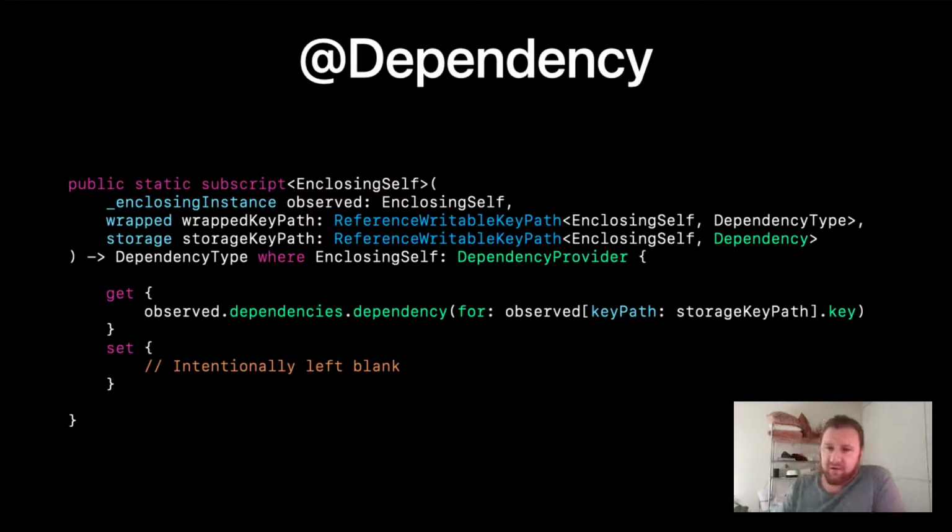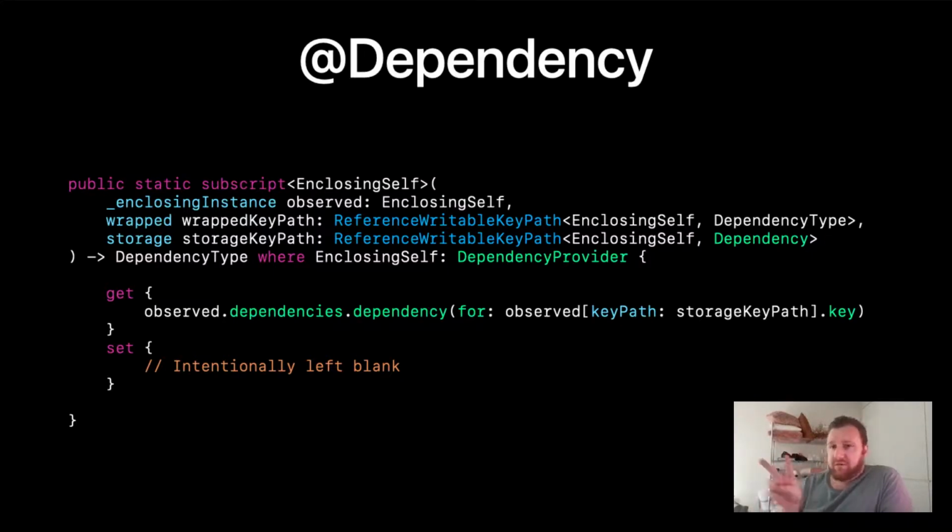And in all of the examples they've got for that, they call it enclosing self. So it is the self that encloses the self, to a degree, I guess. But the first parameter to that method is what they call observed, which is the tester type that wraps it.